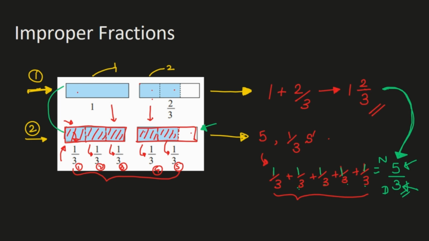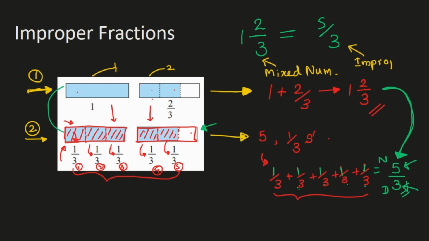So we can write 1 and 2 upon 3 is exactly equal to 5 upon 3. So this is called what? The mixed number. And this is called what?